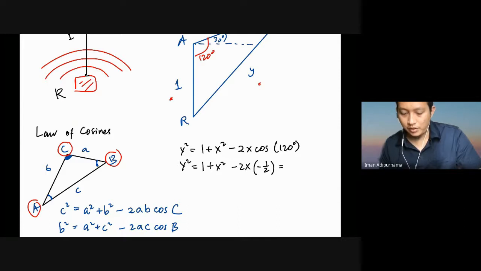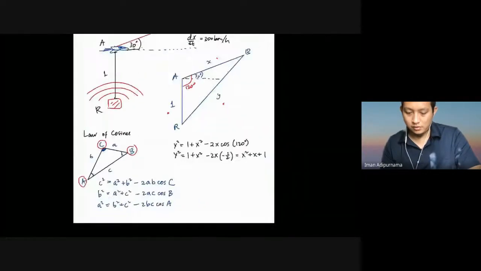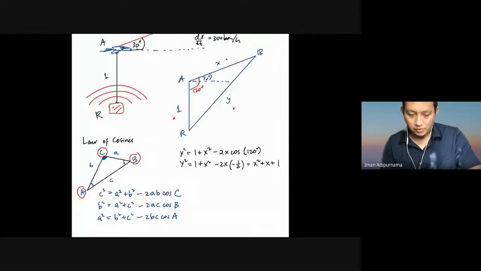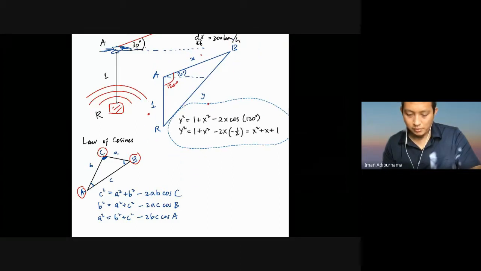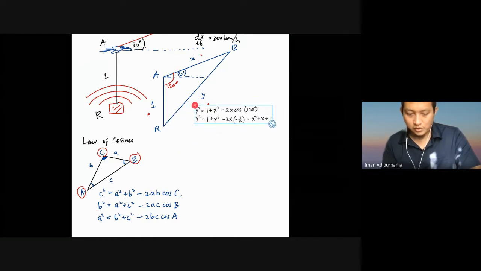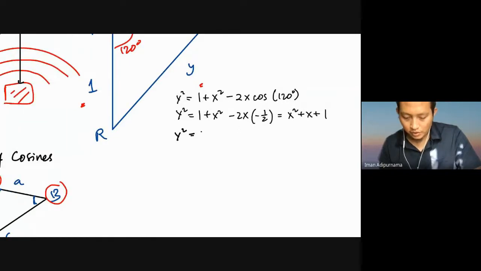And then we can write this as x squared plus x plus 1. We have this expression. Let me resize this to make it a little bit smaller. So we have y squared equals x squared plus x plus 1.